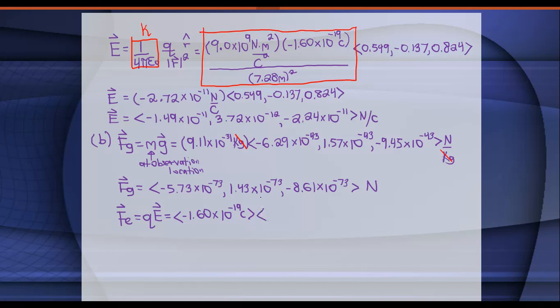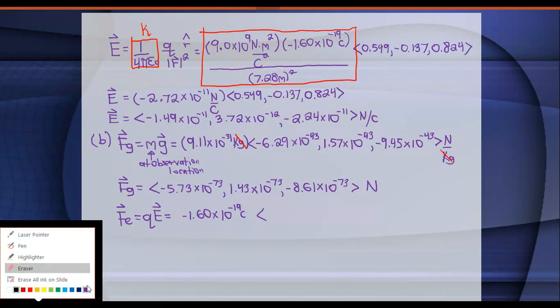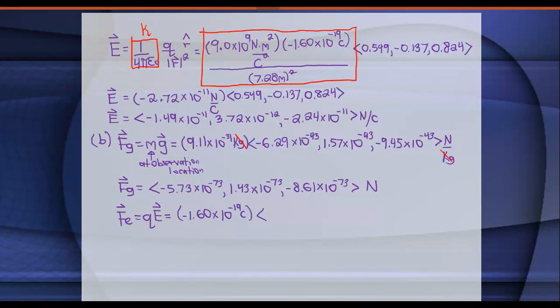Okay, we're going to multiply by the electric field. I don't know why I wrote that as an order triple, so let's put it in regular round brackets. The electric field has x component negative 1.49 times 10 to the negative 11, y component 3.72 times 10 to the negative 12, and z component negative 2.24 times 10 to the negative 11.